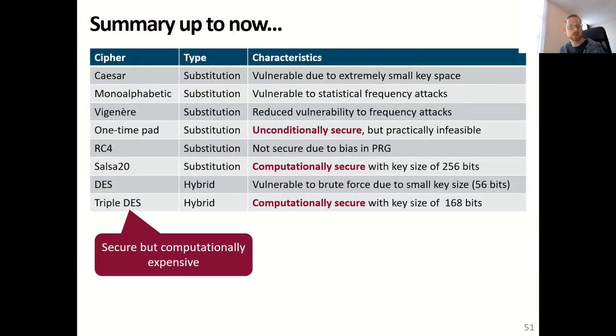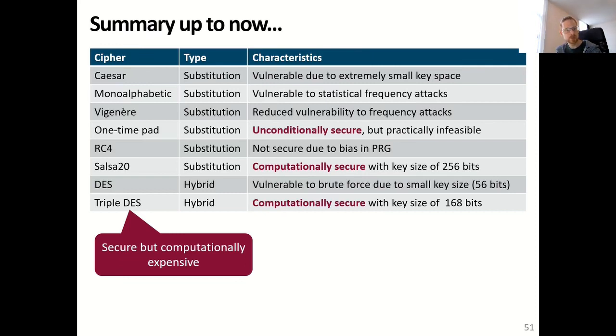Let's summarize all the different ciphers that we talked about up to this point. We started in the first lecture with traditional historical ciphers, like the Caesar and the General Caesar cipher. These, however, were vulnerable to brute force attacks due to the extremely small key space.